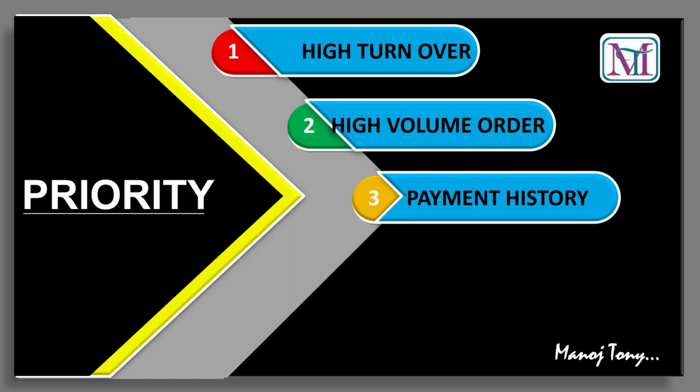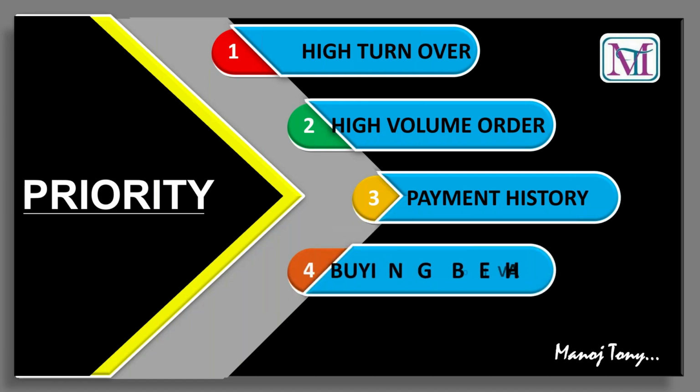Then another one is buying behavior. Buying behavior is nothing but the frequency of purchase requests. If a customer is placing multiple sales orders in a month, then that customer comes under high priority customer.